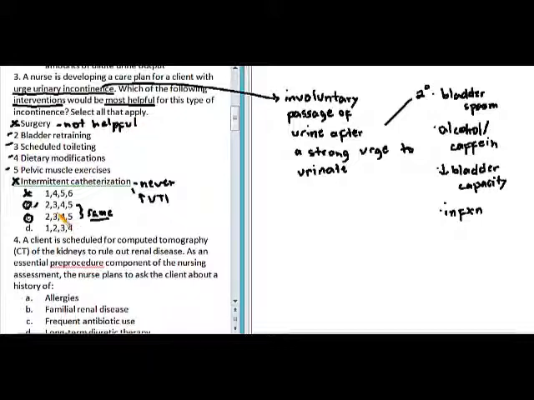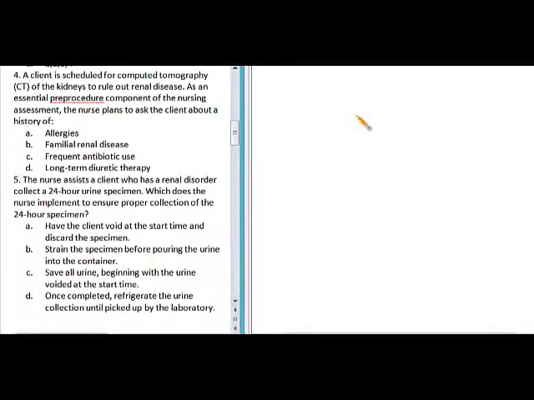Next. Number 4. Client is scheduled for computed tomography, CT scan of the kidney to rule out renal disease. As an essential pre-procedure component of nursing assessment, nurse plans to ask about which history of. So the issue here is, what do you need to assess from a client scheduled for CT scan?